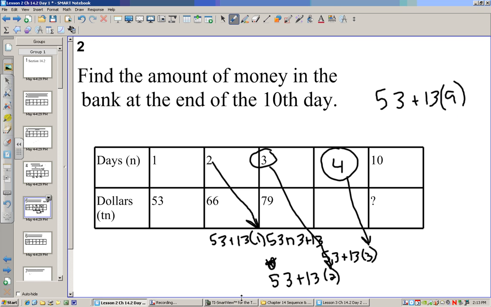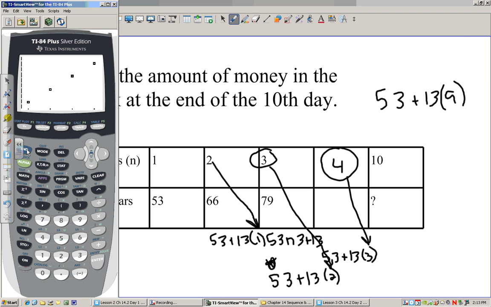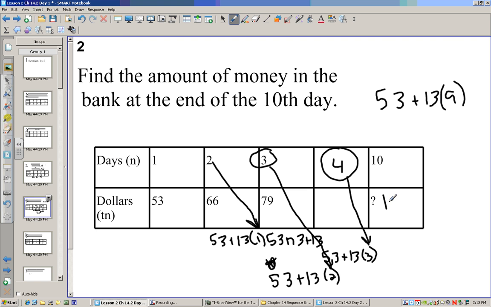So I'll take out my trusty calculator and go to this page, and it will be 53 plus 13 times 9 to get a grand total of 170. So you'd have $170 at the end of the 10th day.